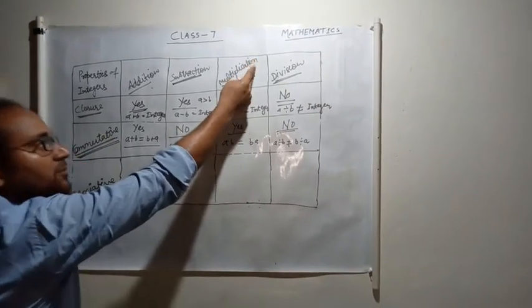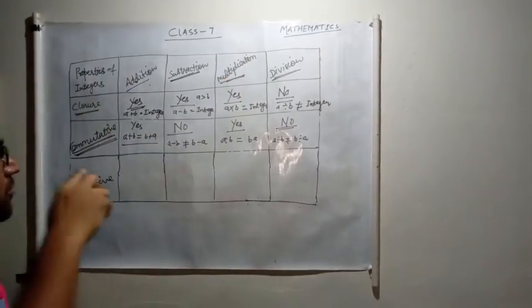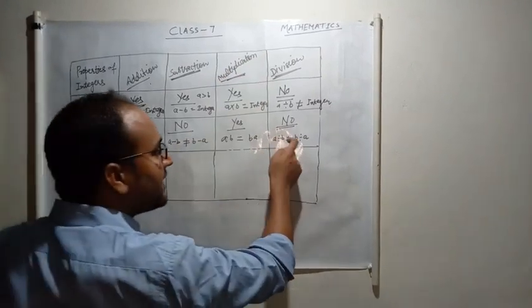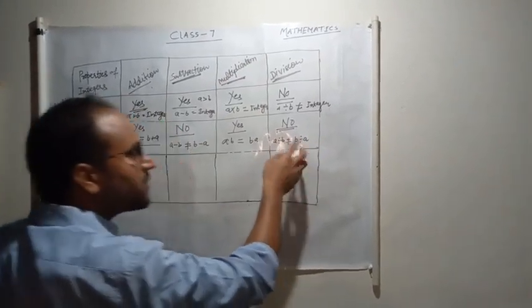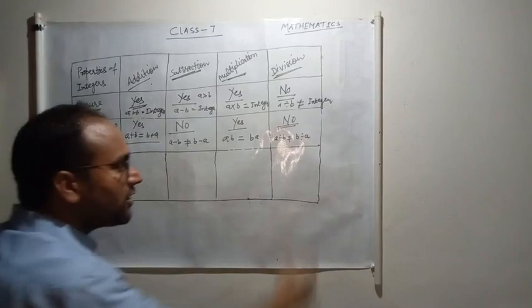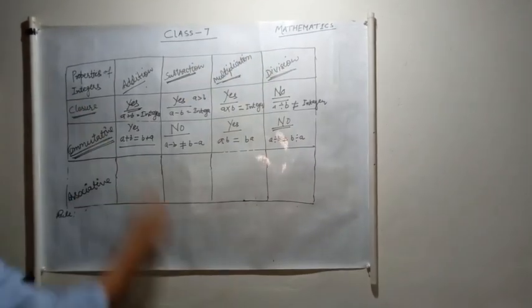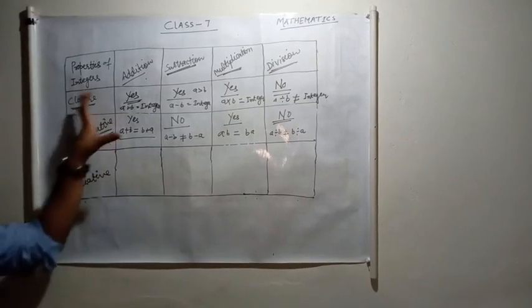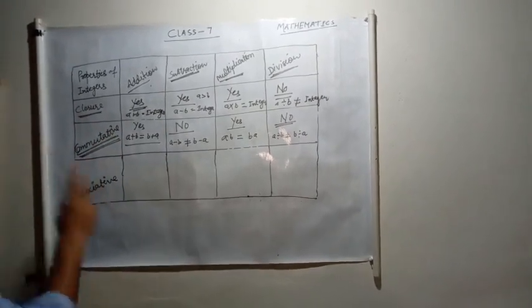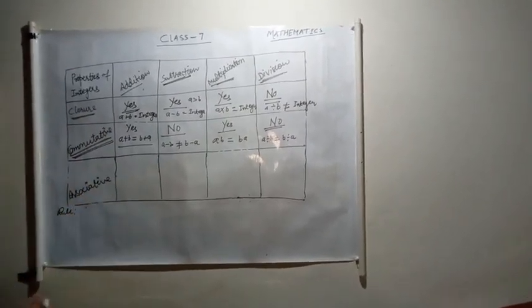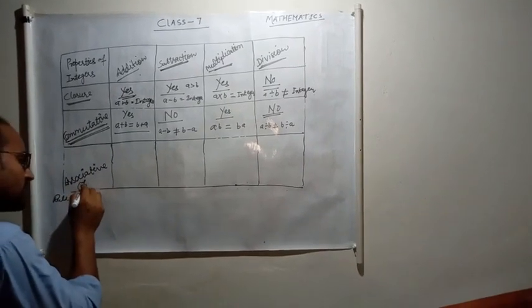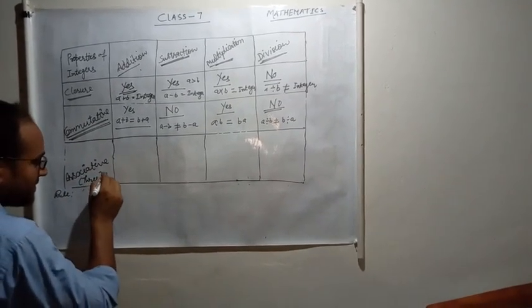So multiplication also holds for commutative. For division, a divided by b is not equal to b divided by a, the left side is not equal to the right hand side, so division will not hold for commutative. Here we are talking about two integers, but associative holds for three integers.